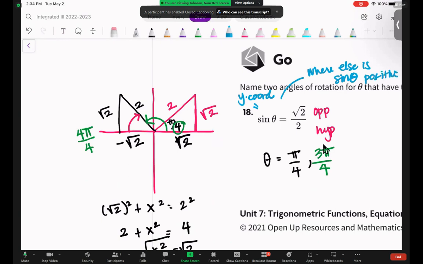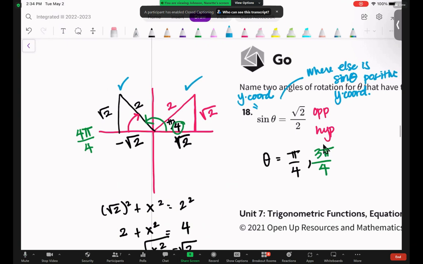Specifically, where else is the y coordinate positive? If you think about where your y coordinates are positive, this is taking you back to 7th grade and you're like, oh, in the upper half. So in this quadrant and this quadrant. So I should have had two answers, each in the upper half of the first and the second quadrant. So if you're confused on why you're having two answers, this is why.